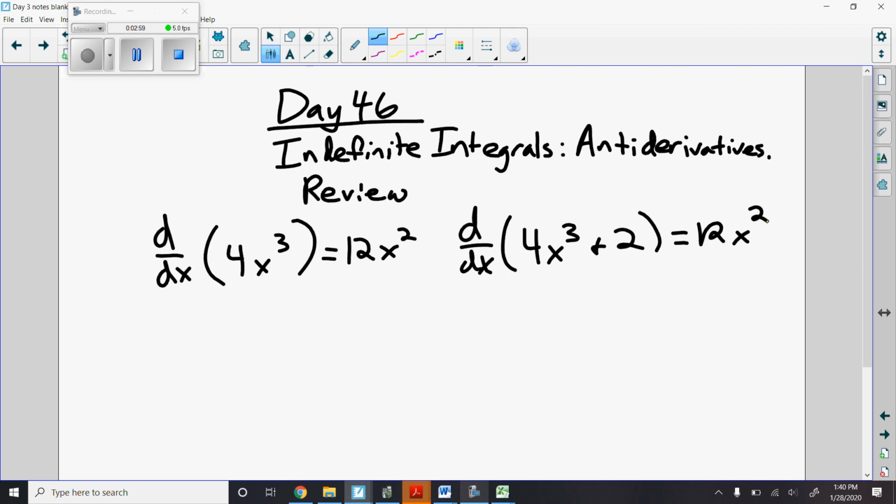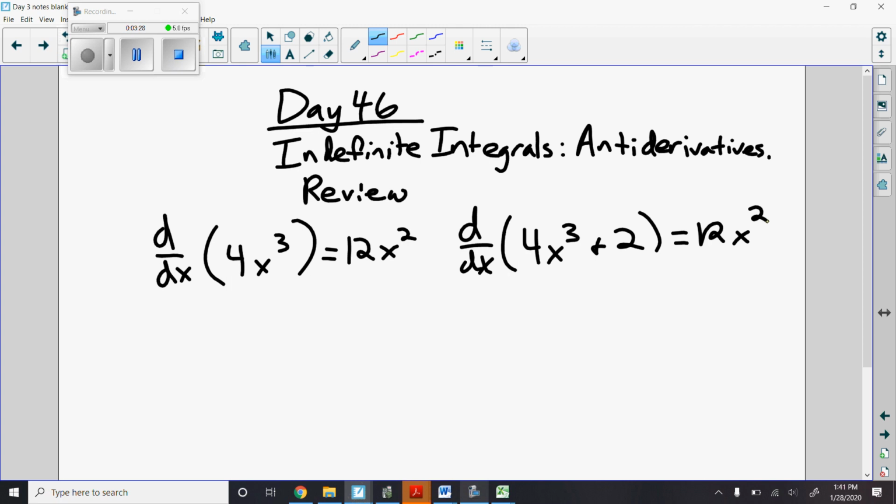If I ask you to do the antiderivative of 12x squared, I don't know if it's going to be 4x cubed, or 4x cubed plus 2, or 4x cubed plus 100, or 4x cubed minus pi. There could be any constant added or subtracted at the end of that antiderivative. So let's just do a simple one here that the answer should be very obvious to ease you into this.